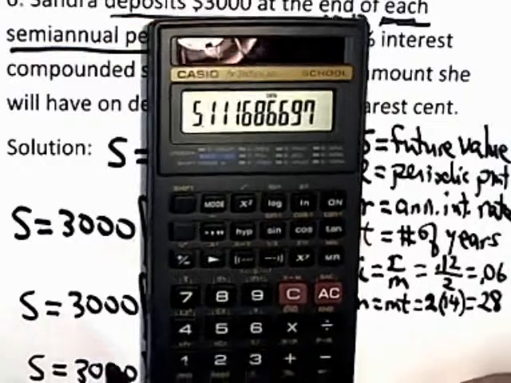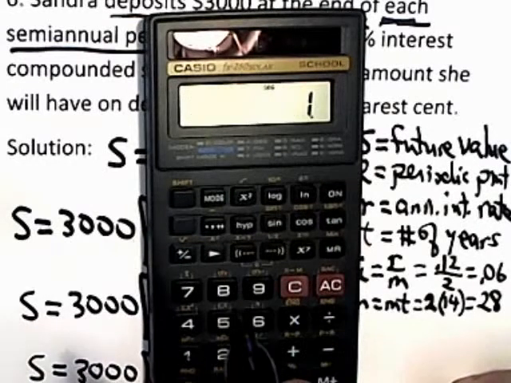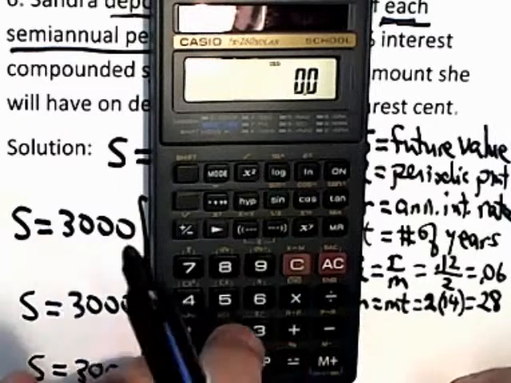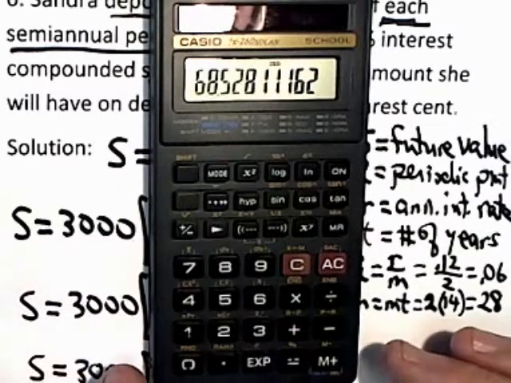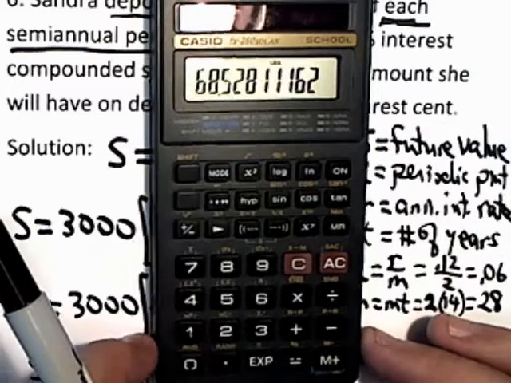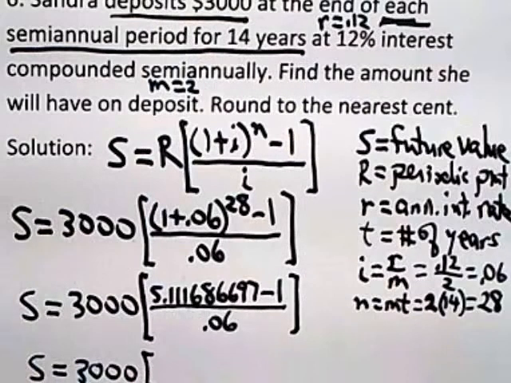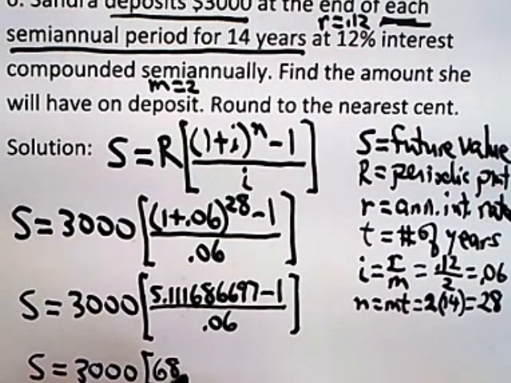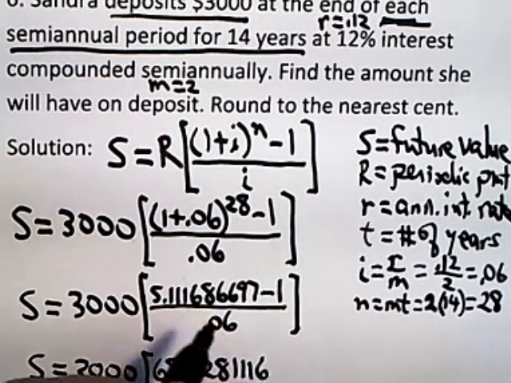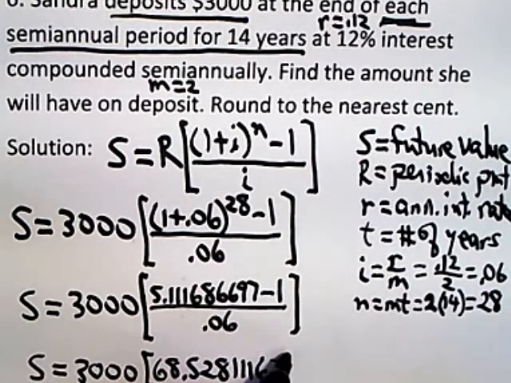So I'll subtract 1 equals, and then divide by 0.06 equals, and that gives me the multiplier for $3,000: 68.5281162, if you round it off to that place.